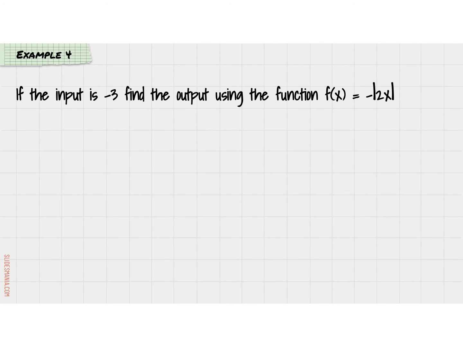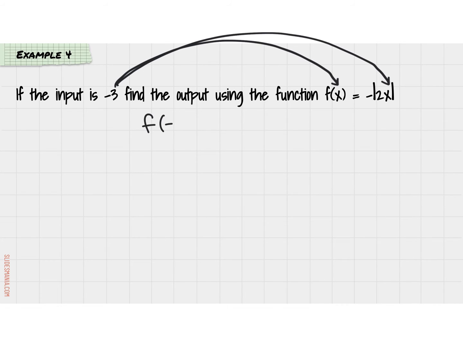Example 4 says the input is -3. Find the output using the function f of x equals negative absolute value of 2x. Remember, I'm replacing x with -3 because that's the input. So I have function of -3 equals negative absolute value of 2 times -3.